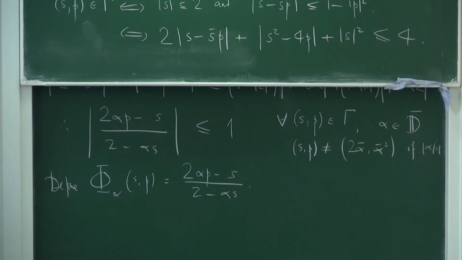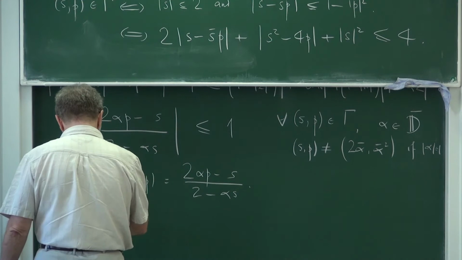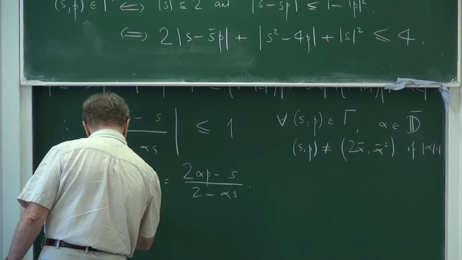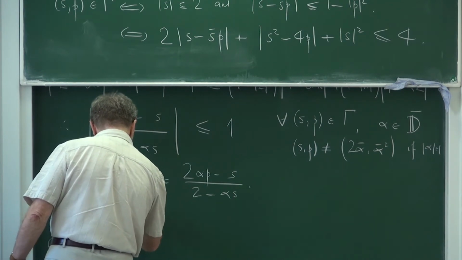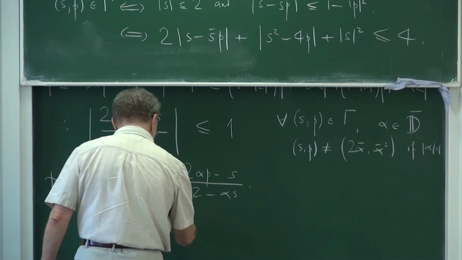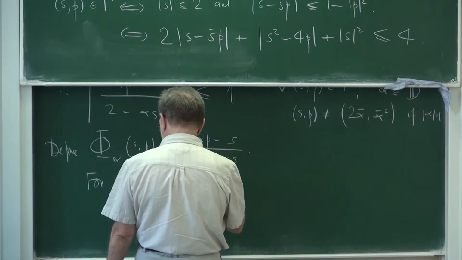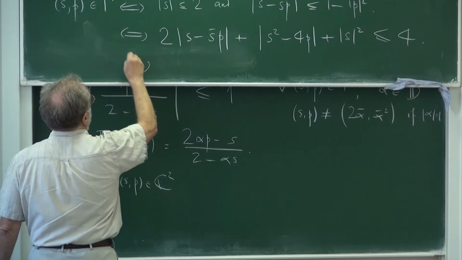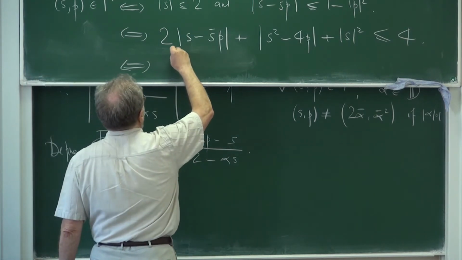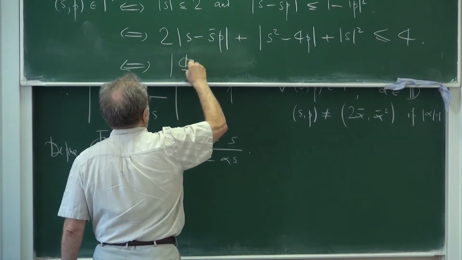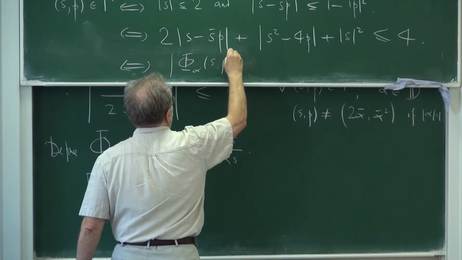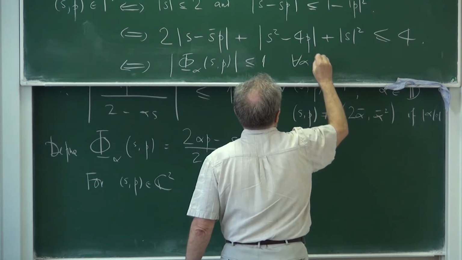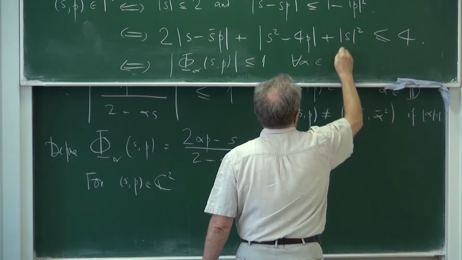And actually there's a converse. So for s, p in C2, we have, this is yet another characterization. Maybe I should write it up here as well. Mod phi alpha of s comma p is less than or equal to 1 for all alpha in the disk.